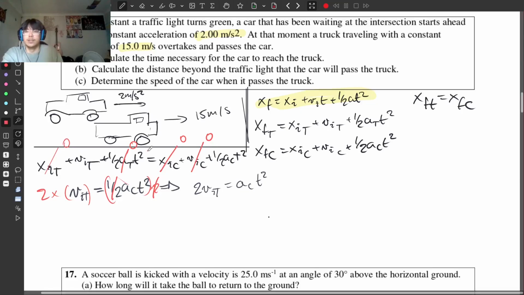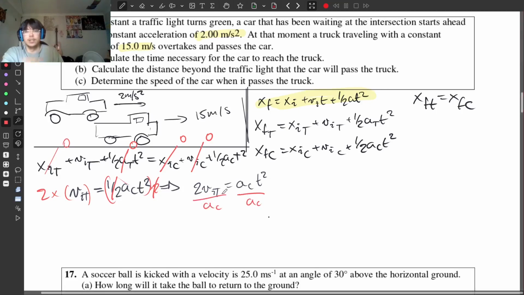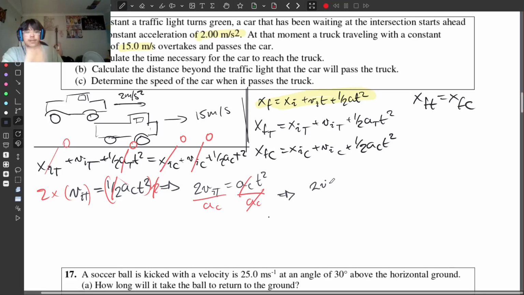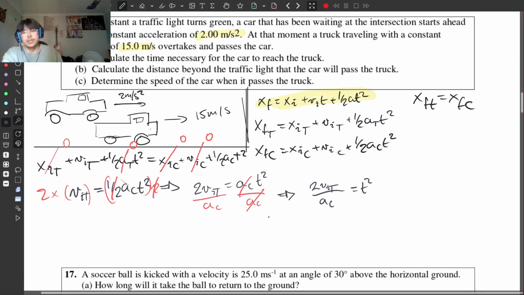Now, to get t squared on its own, divide both sides by the acceleration of the car, and this cancels. So then we get 2vi of the truck over the acceleration of the car equals t squared.